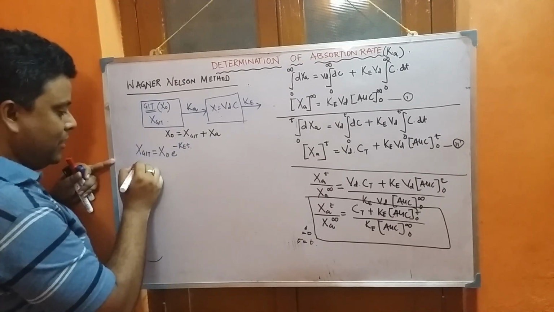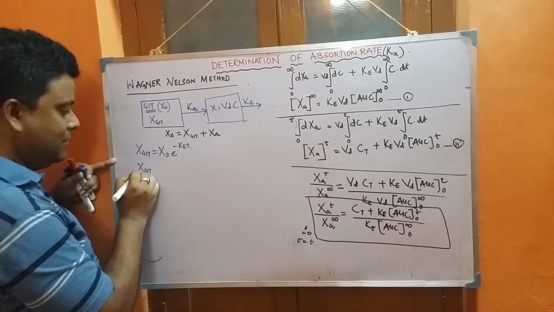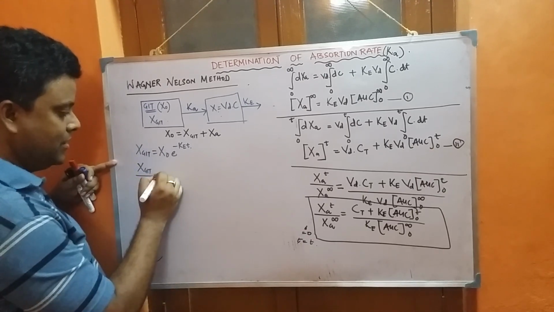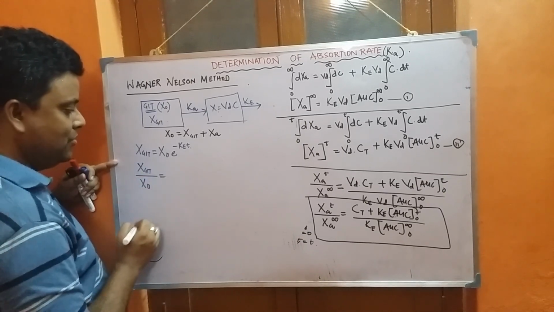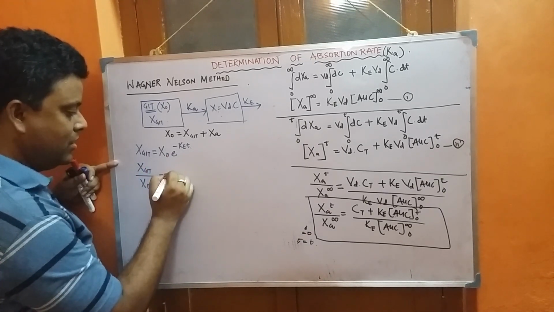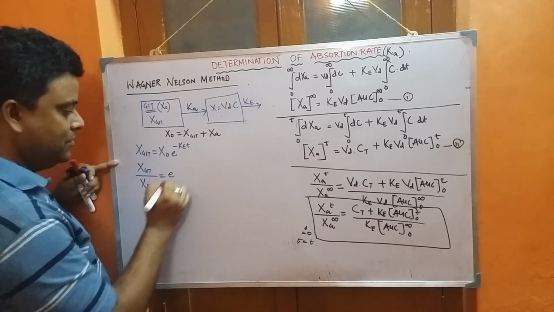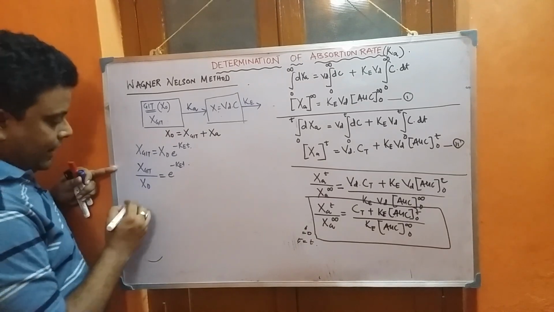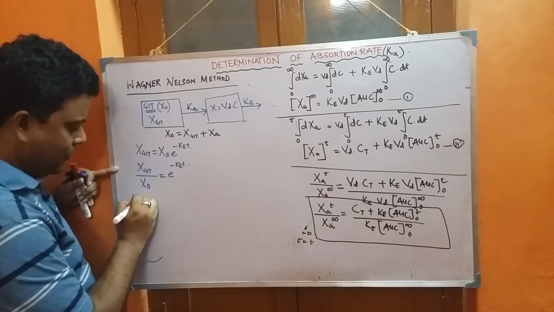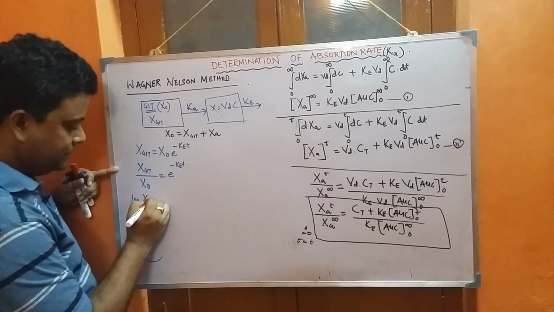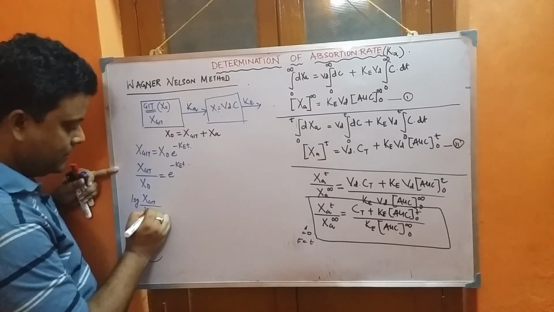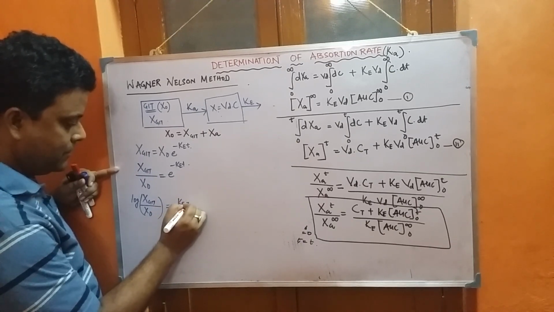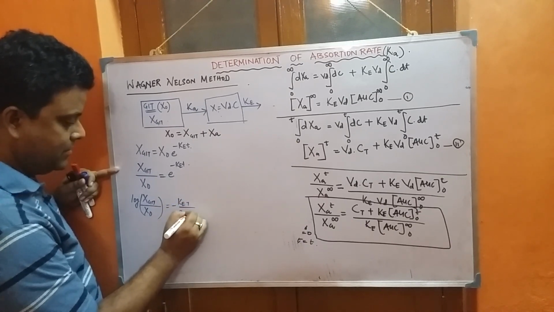So XGIT by X0 equals e to the power minus Kt. So what can I write? Directly I am going for log.